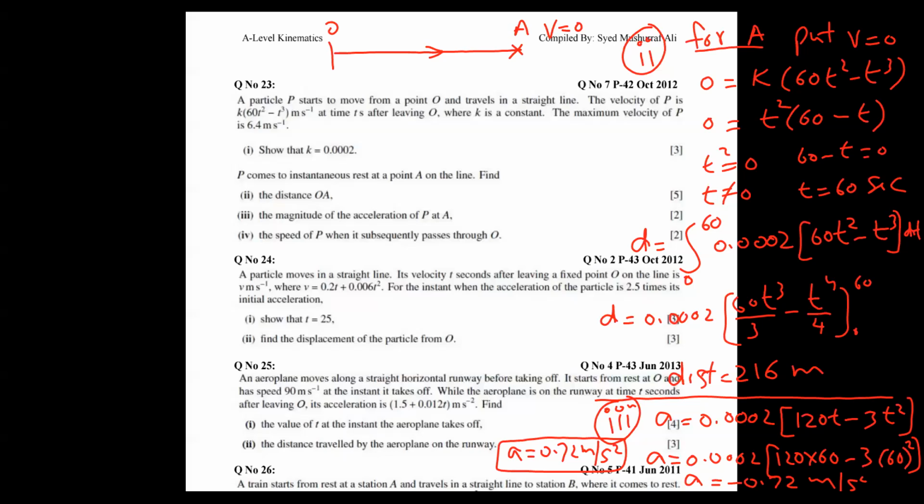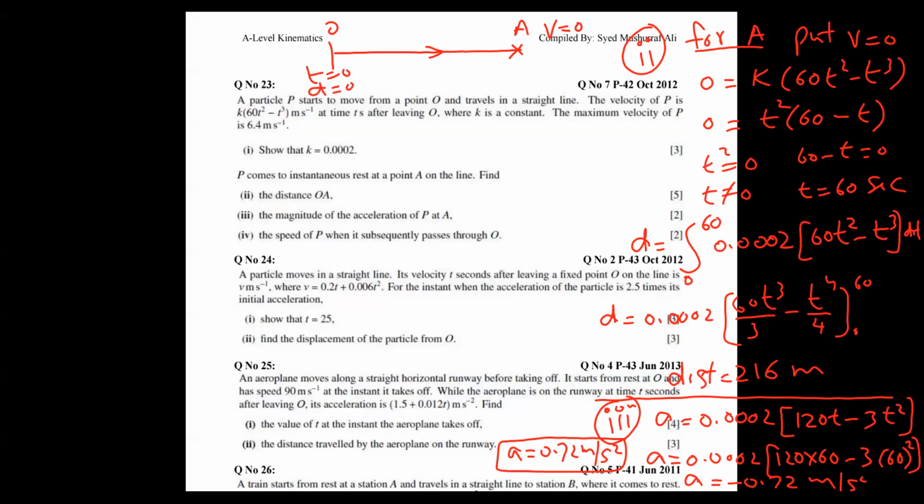Yes, students. So now how to do the last part? We need to find the speed of P when it passes through O, the observer. I will use this displacement expression. Some students can ask, sir, you are putting the limits, can I do without limits? Yes, in that option we have a plus C here. Because we know that when the particle starts from O, when time is 0, the displacement is 0.